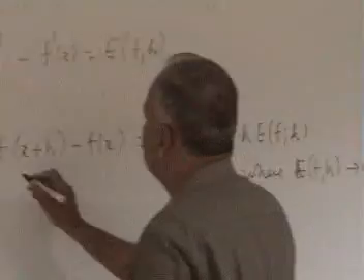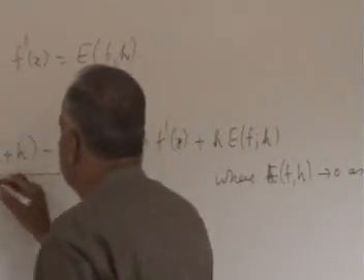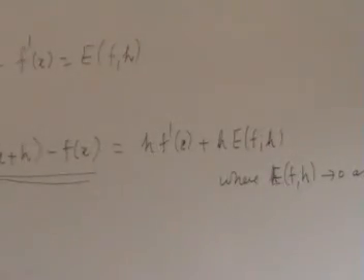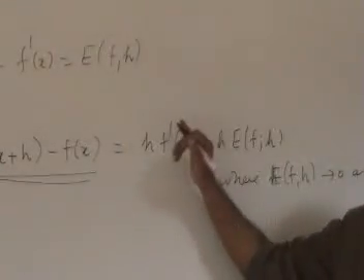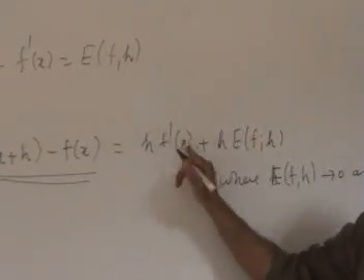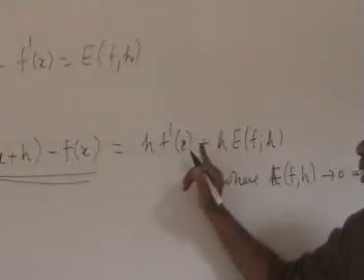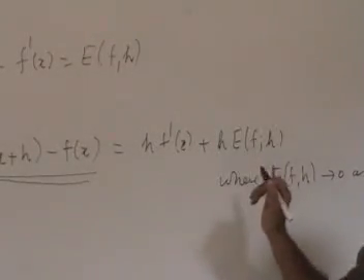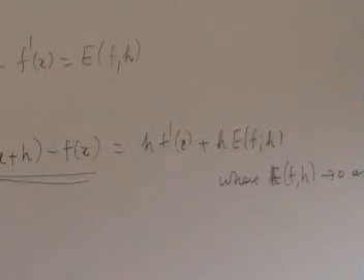Now I am going to look at this as the following. This is the change in the value of the function as I change the variable from x to x plus h. That change in the function can be written as a linear part, linear in the change in the variable, since f prime x is a fixed number, I have fixed a point x. So a linear part, something times h, plus something which goes to 0 even when divided by h.